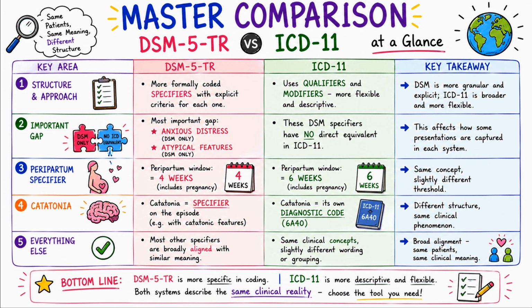The peripartum window is 4 weeks in DSM versus 6 weeks in ICD-11. Catatonia is a specifier on the episode in DSM but its own separate diagnostic code, 6A40 in ICD-11. Outside of those specific differences, the 2 systems are broadly aligned. Same patients, same clinical presentations, slightly different structure.